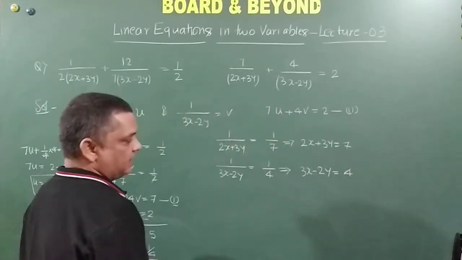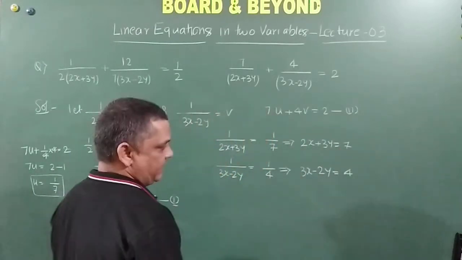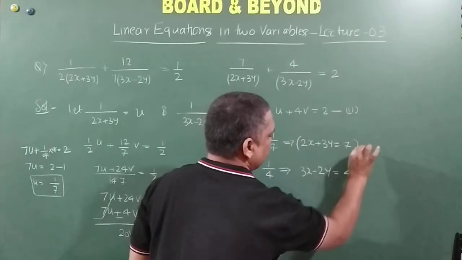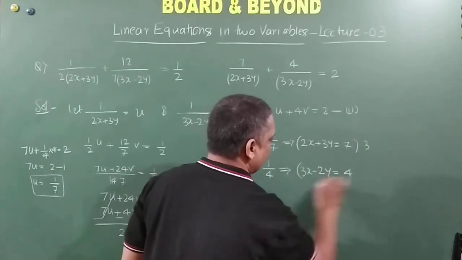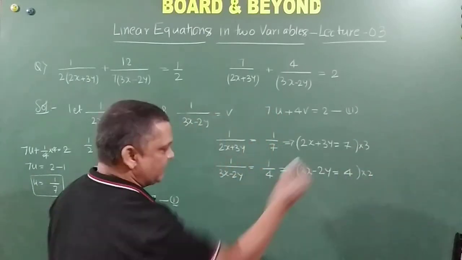Now we will try to solve these two simultaneous linear equations. This complete equation I will multiply with 3 and this complete equation I will multiply with 2. Let's see what happens.